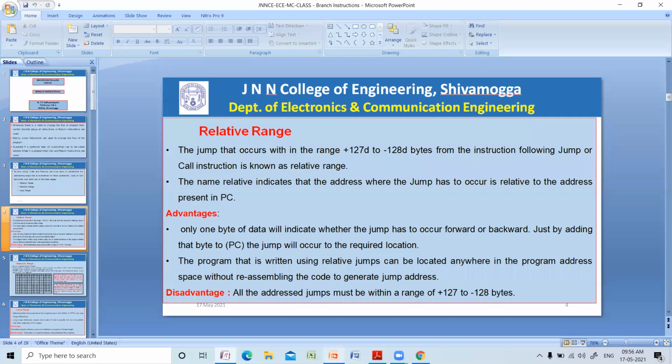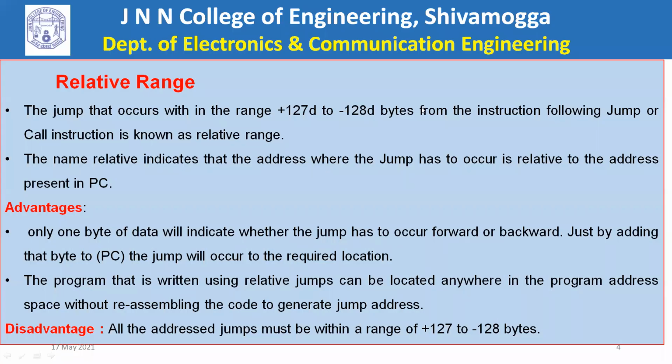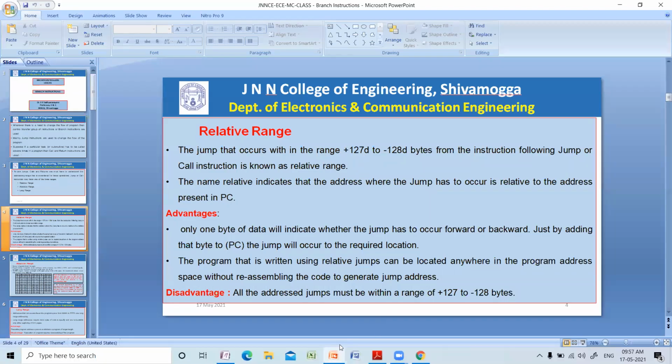So that is the meaning of this line: only 1 byte of data will indicate whether the jump has to occur forward or backward. Just by adding that byte to the program counter, the jump will occur to the required location. The meaning of that is the example I have shown here.